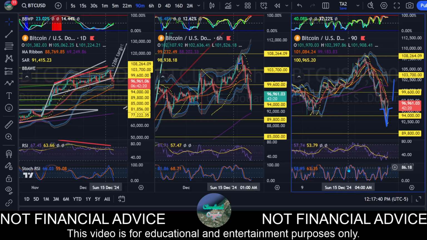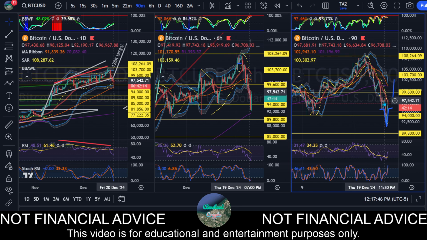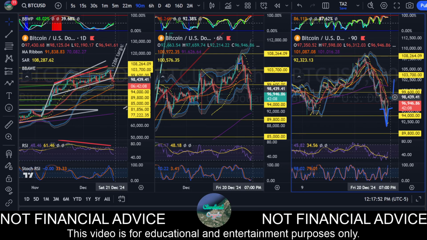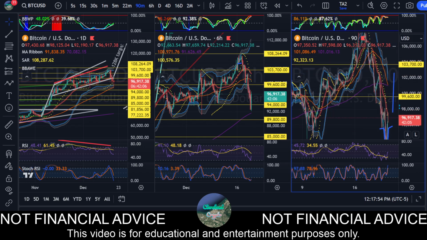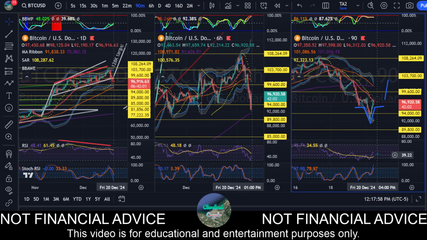We've seen this before where it gets stuck up in overbought territory and price action moves up from there. The reverse is also true. We can see it gets stuck down at the bottom and price action can move down rapidly from there. But yeah, those look pretty promising.